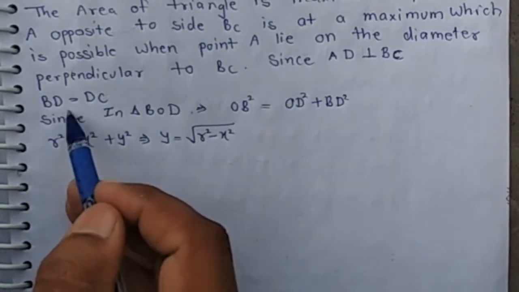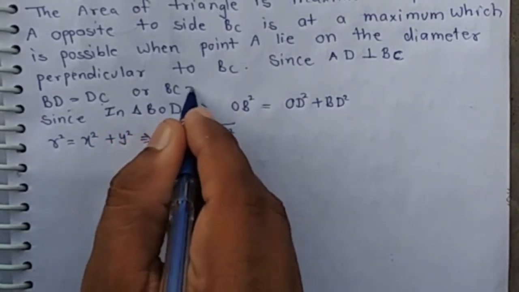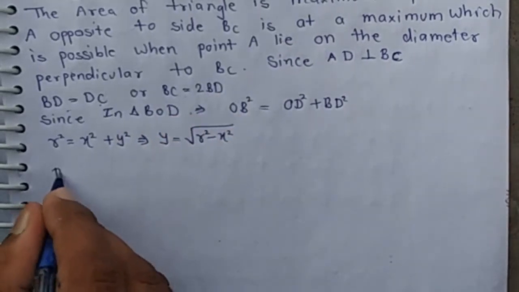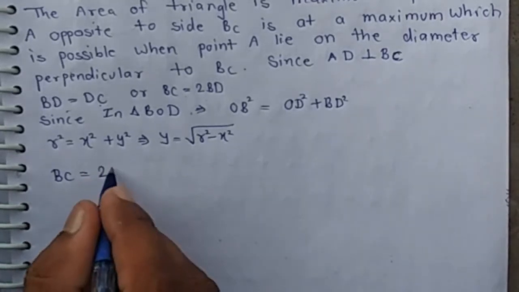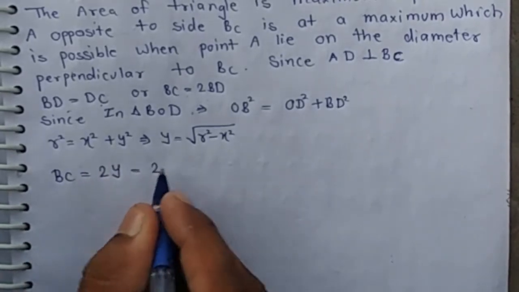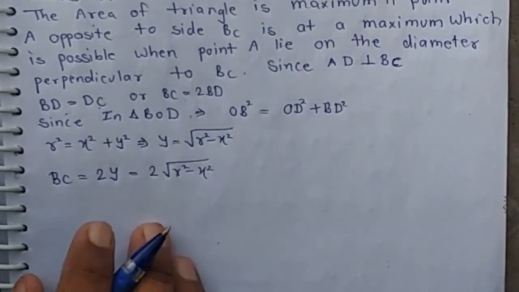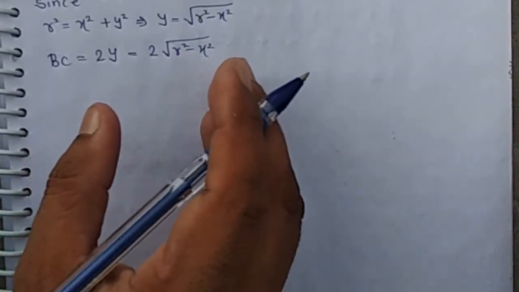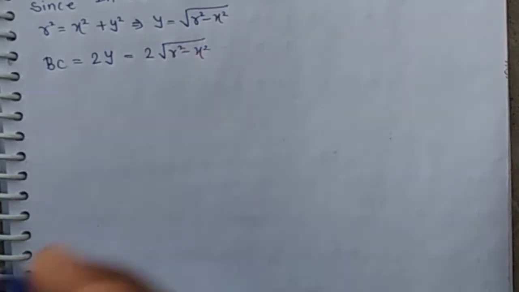And since BD equals DC, BC is twice BD, which is 2 into square root of R square minus X square. It is the value of BC. Now we have to show that the area is maximum when it is an equilateral triangle.